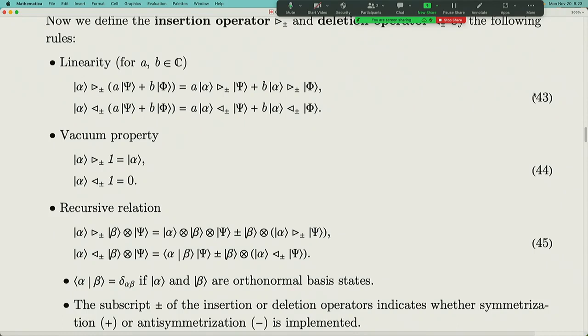And apart from these rules, for mathematical completeness, we also need to define some other auxiliary rules that help us make it a complete algebraic system.